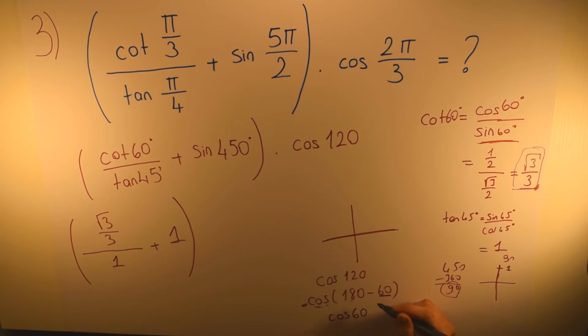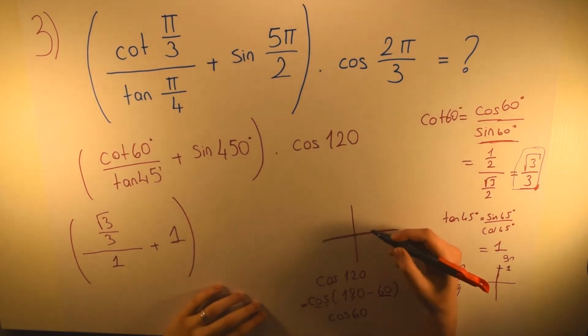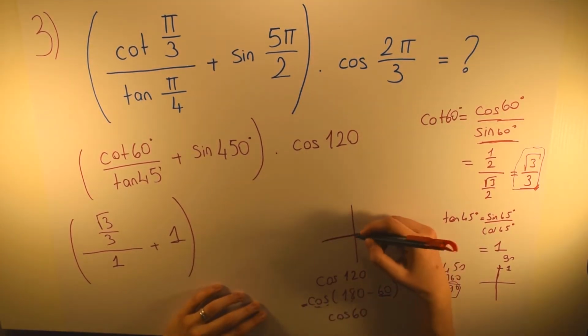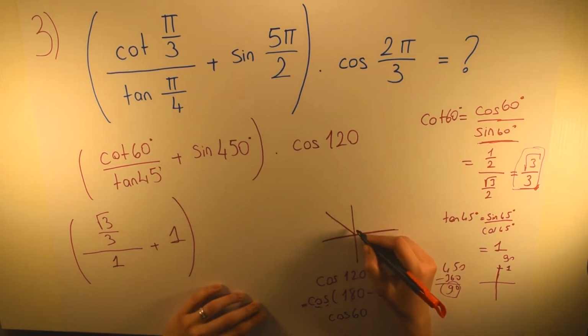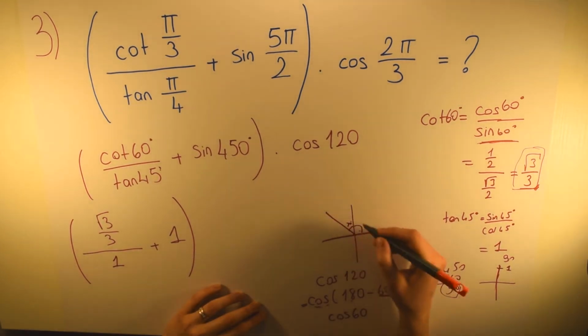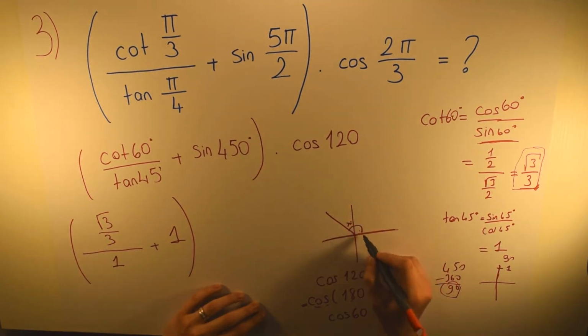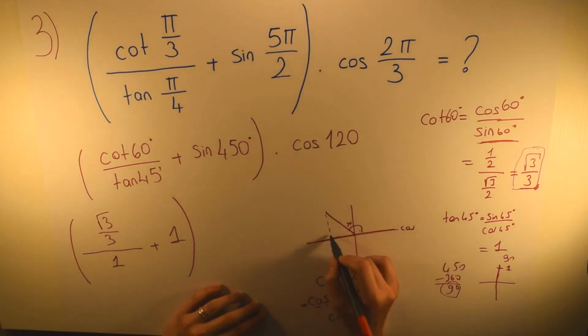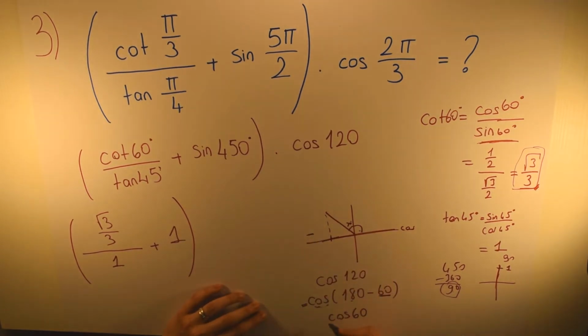So how do we do that? Cosine 120. So 120 is somewhere here, right? Because let's say here is 90 degrees, so here 30 degrees, so here is our cosine 120. This is our cosine line, and as you can see, our cosine value is on the negative side. So that's why this will be equal to minus cosine 60 degrees.